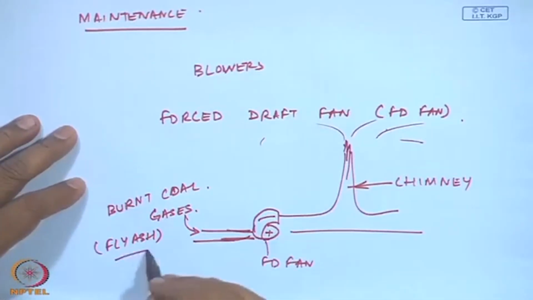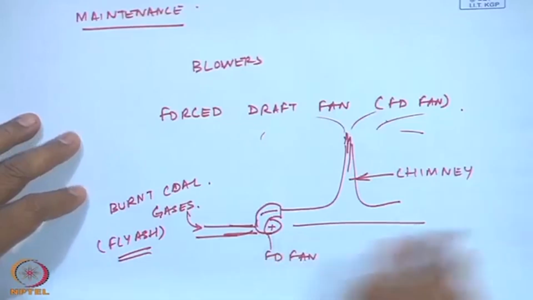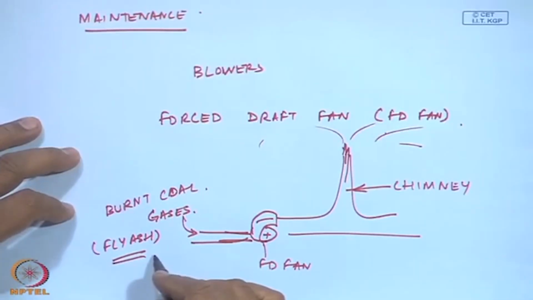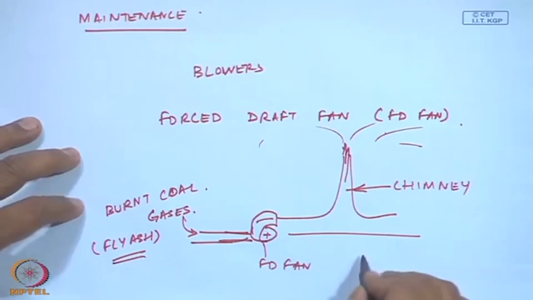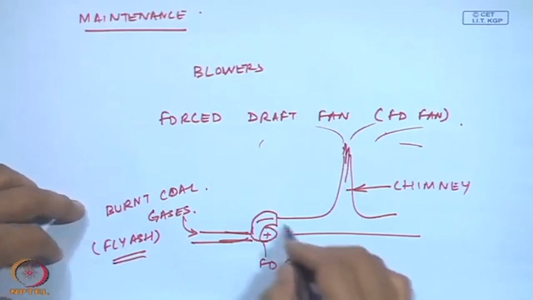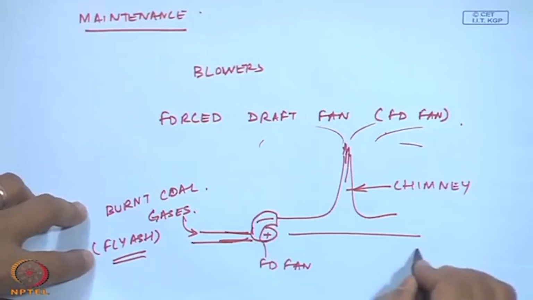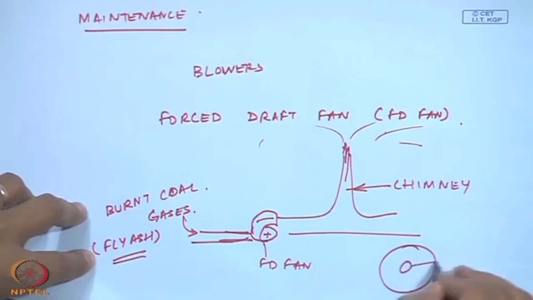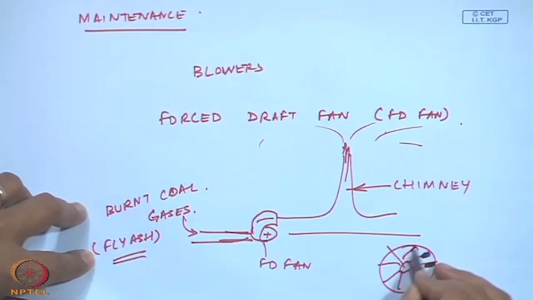The problem is with fly ash. Fly ash, on top of it, if it is wet and moist, will become like a sludge, and these fans have blades. So with time, these fly ashes get deposited, they stick to the fan blades.